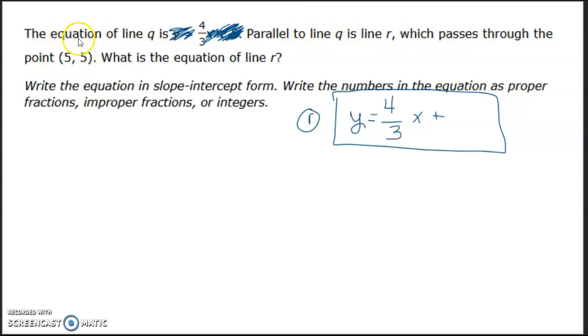Which passes through the point, and it did it to us again. It gave us an x and a y, but still no b. So we've got to still work on that. So let's use our x, our y, and our m to find b. In y equals mx plus b, we're going to use this equation in a little tricky way.